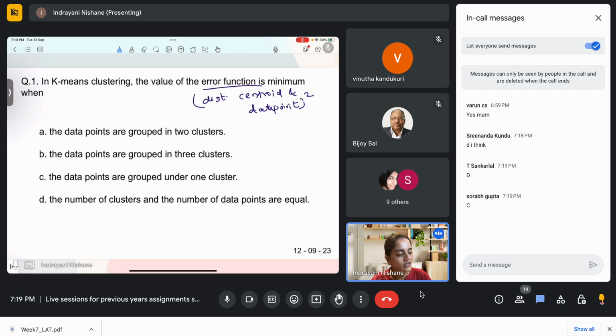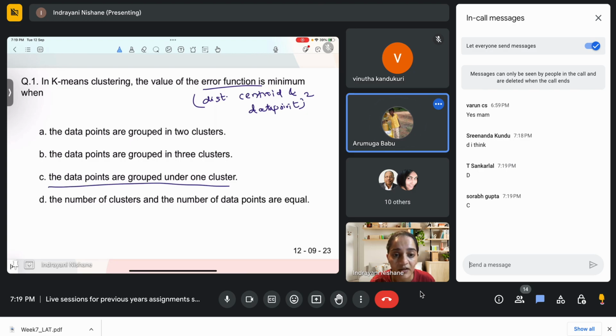B says data points are grouped in 3 clusters. C, data points are grouped under 1 cluster. And D, the number of clusters and the number of data points are equal. I have one person saying option C, the rest of them are saying D. Okay, so let's try to understand why it is not option C.